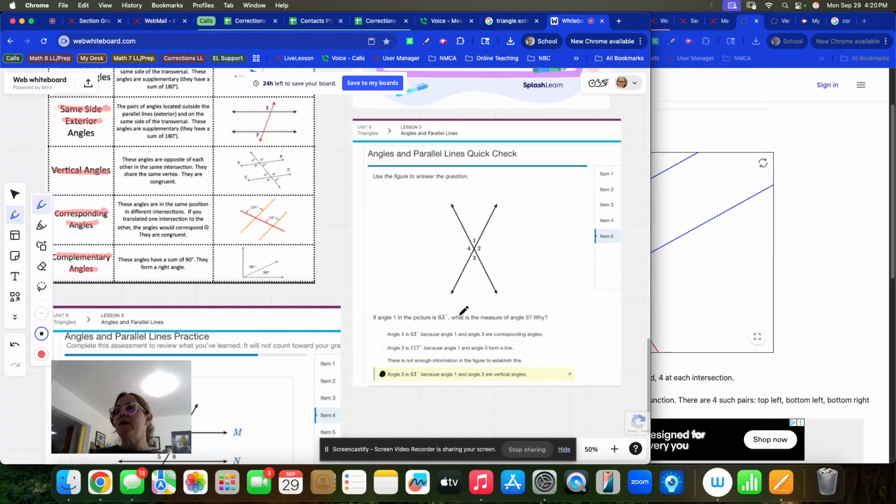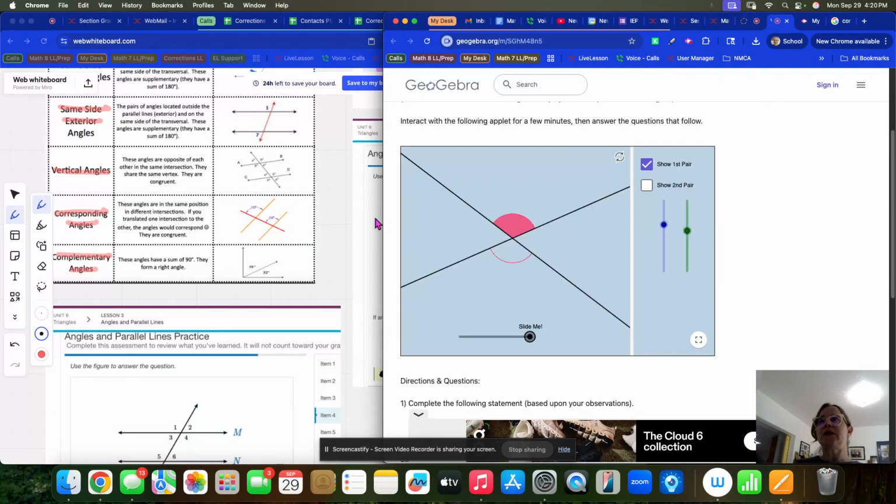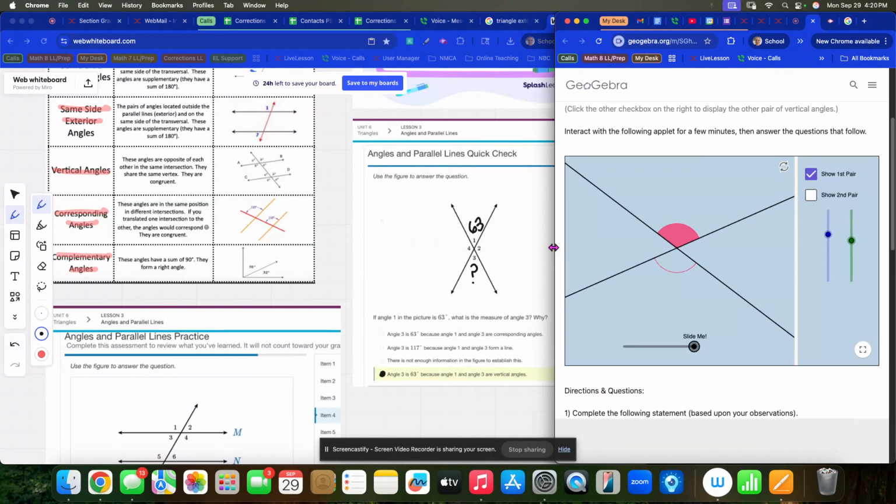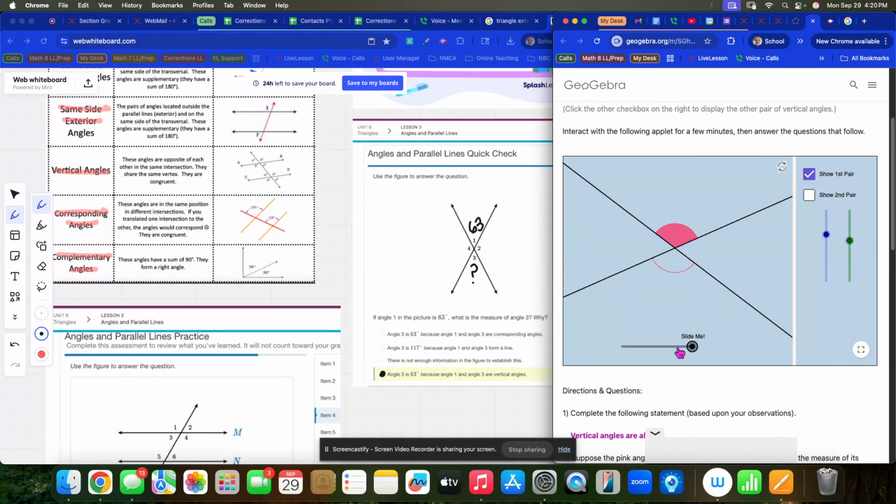If angle 1 in the picture is 63 degrees, that's right here. What is the measure of angle 3 and why? That's going to be because they're vertical angles. I'm going to make this drawing look as much like that picture as I can.